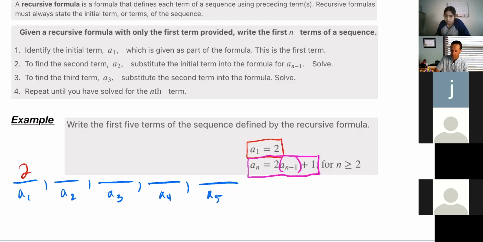Now, if you want to see it written out, I'll do it for a few. But to find a sub n, it's 2 times a sub n minus 1 plus 1. So to find our second term, which is what they said to let n equal, what does this say I need to know?